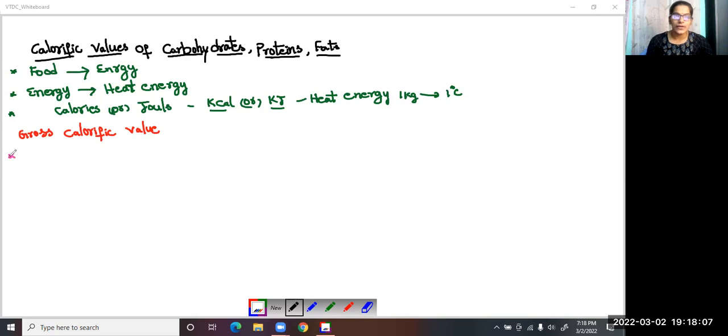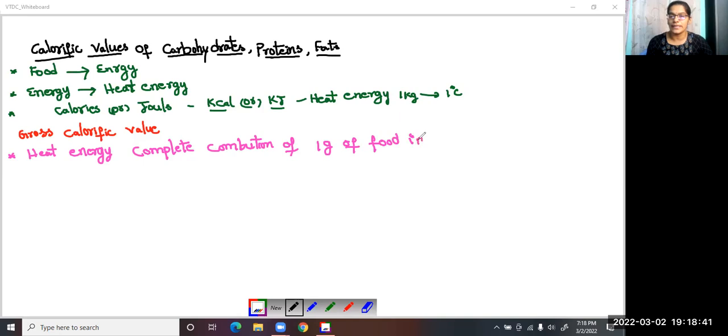Gross calorific value is the heat energy released by the complete combustion of 1 gram of food in a bomb calorimeter.